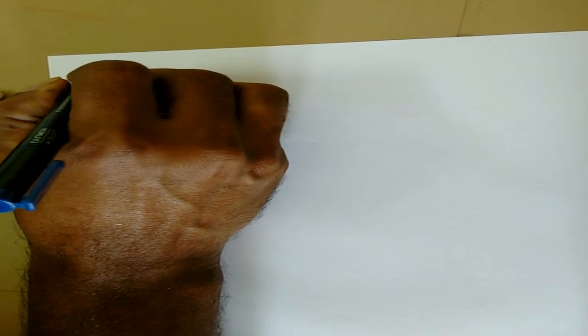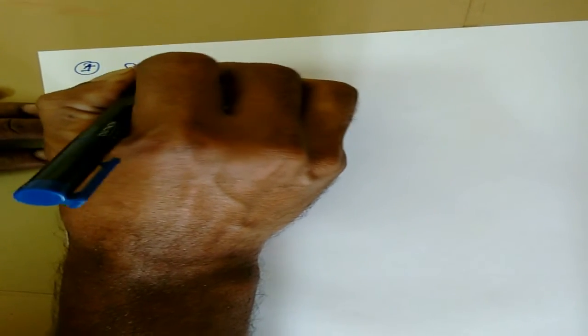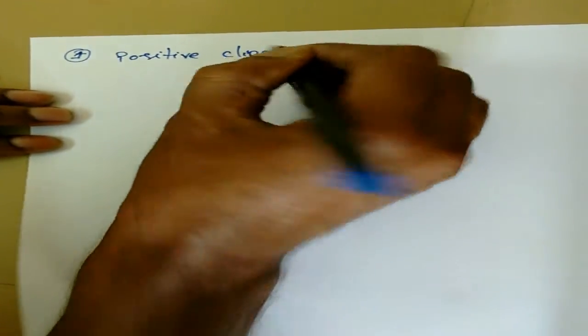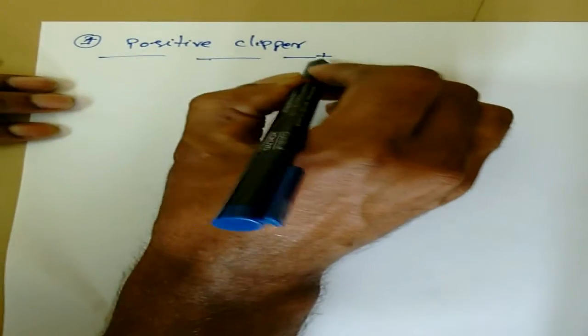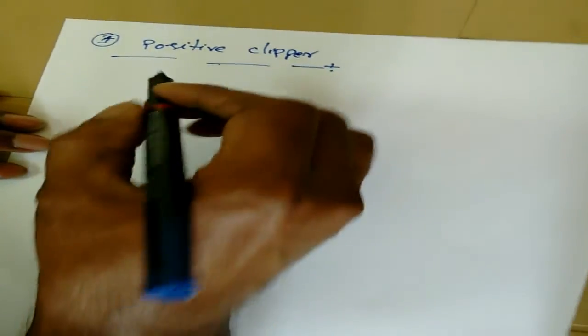Now we will see the simple clipping circuits. Many clipping circuits exist, depending on how they work. The first one is the positive clipper. This positive clipper will clip the full portion of the positive half cycle and give only the negative half cycles.